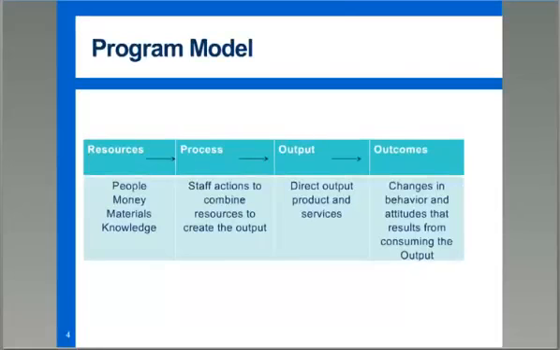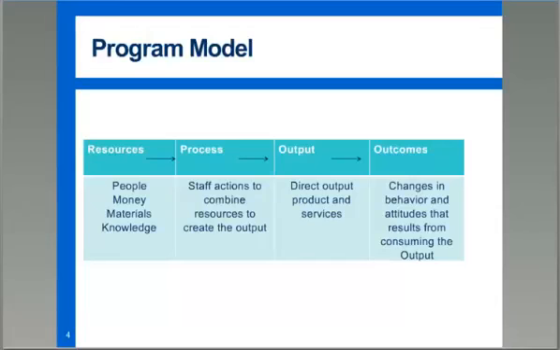Now, before we talk about outcomes measurement specifically, we want to make sure everyone uses the same program model terminology. For anyone who's a business person, this model is going to look very familiar because it's really the same way a business operates. You start with resources: people, money, materials, and knowledge.